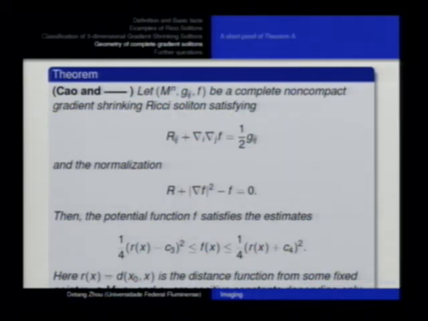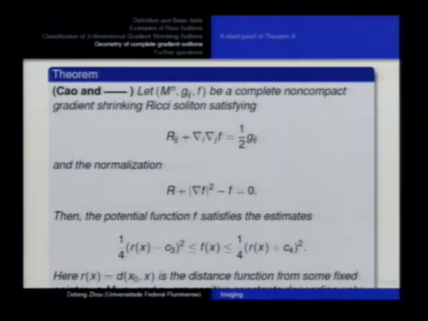Here r is the distance function. If you take twice the square root of f, it's asymptotically like a distance function at infinity. The constant only depends on the base point and the curvature on a fixed small ball.